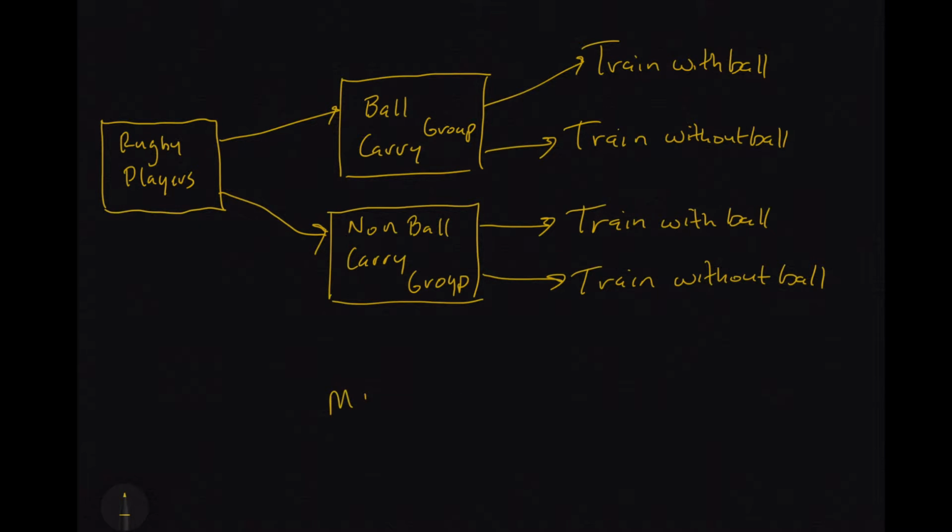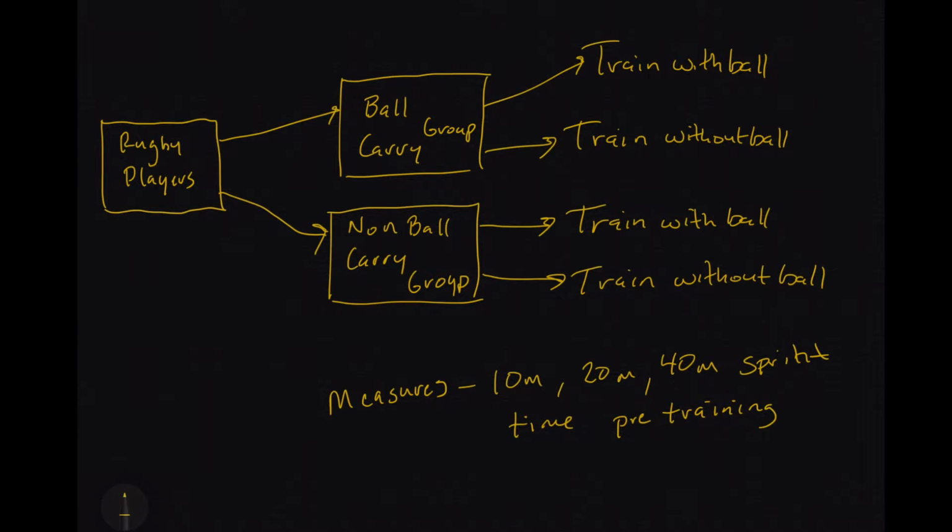They took a number of different measures in this study because, again, the focus could be, is it only helpful in a short sprint? Does it matter for a longer sprint, and so on? So they took a number of different measures with these athletes before and at conclusion of the training program, which I think was 6 weeks, and they measured their 10-meter sprint speed, their 20-meter sprint speed, their 40-meter sprint speed.